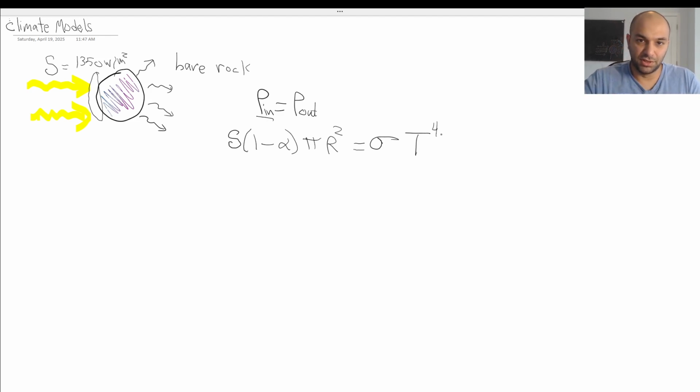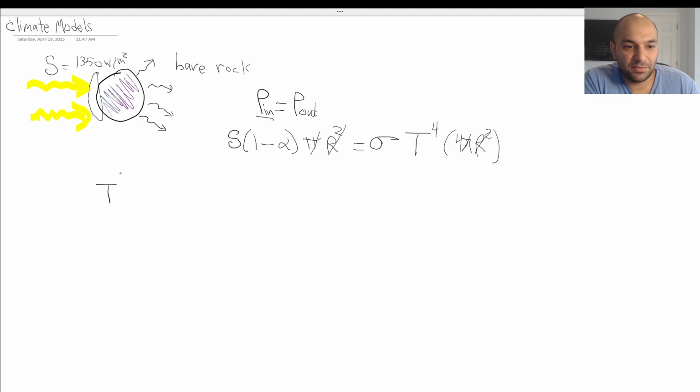That's just a measured law that the higher temperature you are, the more power you're emitting, and times the area, total surface area of Earth. If you assume it's a sphere, then you get 4 pi r squared. And then these r's cancel, they appear on both sides, so they don't affect the final temperature.